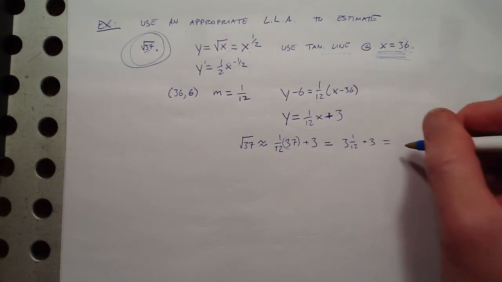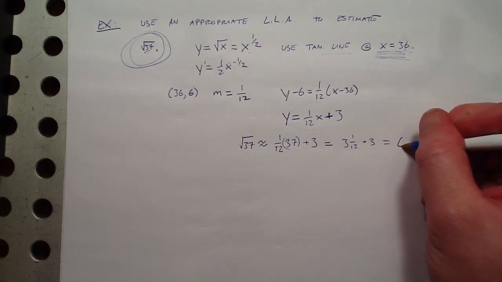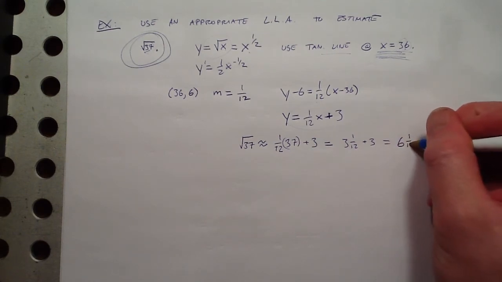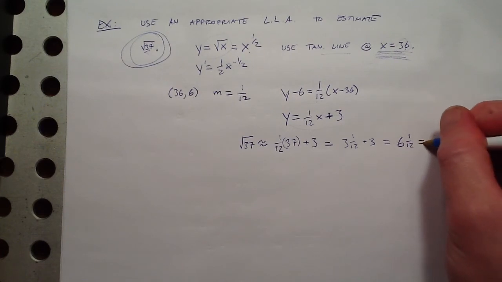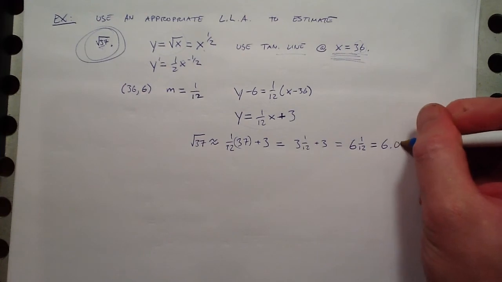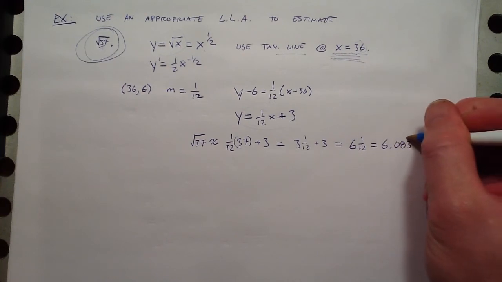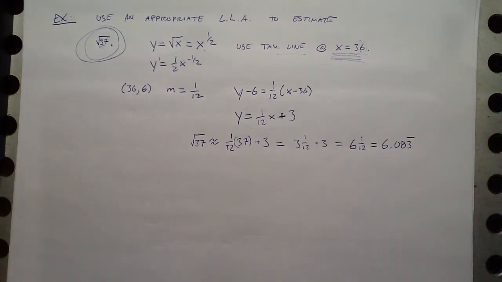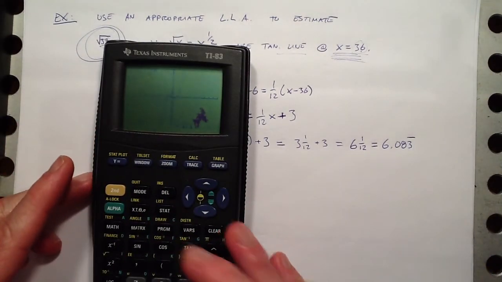So that's 6 and 1/12. And if you're familiar with your repeating decimals, you might happen to know that's 6.083 repeating. All right, now let's check it with a calculator, see how close we were.